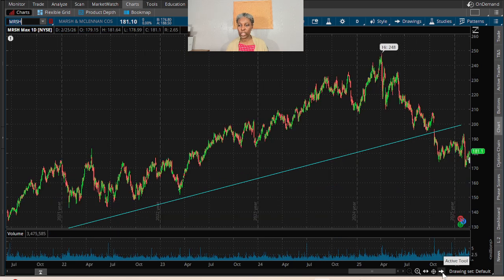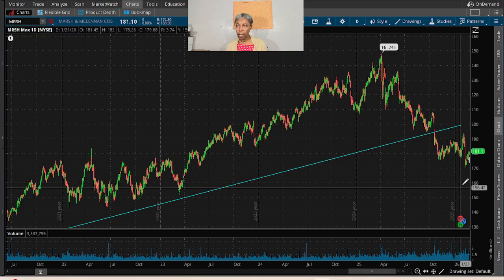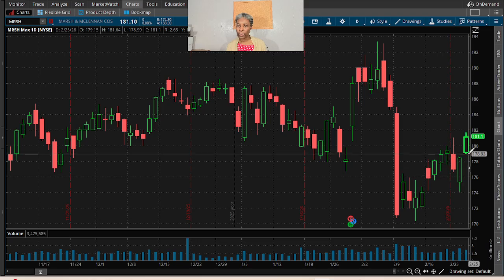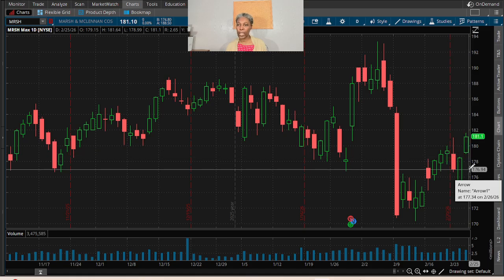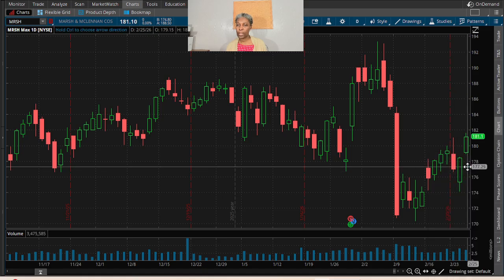I have not changed it yet, but we have an arrow right there, and I'm going to zoom. So, that date is February 25. So I put the arrow right there. Let's activate it and move a little bit.